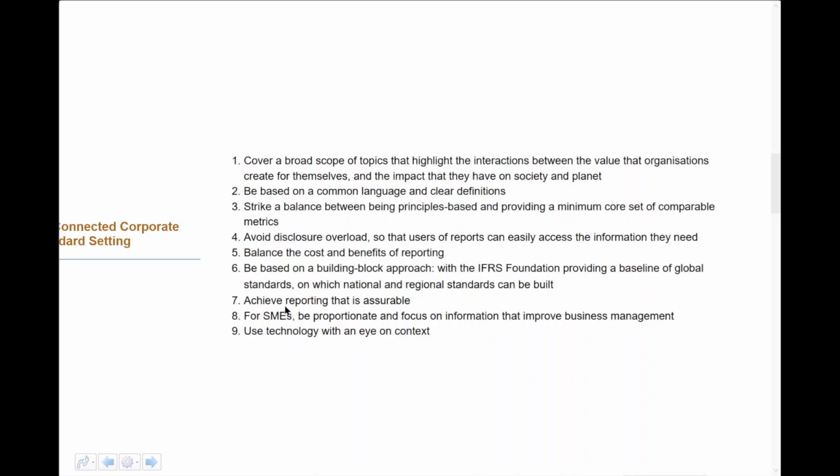Number 7, achieve reporting that is assurable. People need to have confidence in reports, whether they're mandatory or voluntary. The assurance of those reports, the accuracy, veracity, etc., is key. Point number 8, for small to medium-sized enterprises, be proportionate and focus on the information that improves business management.